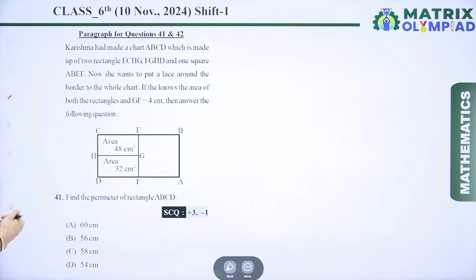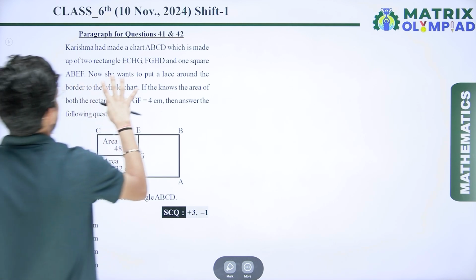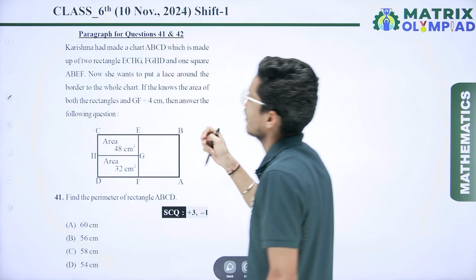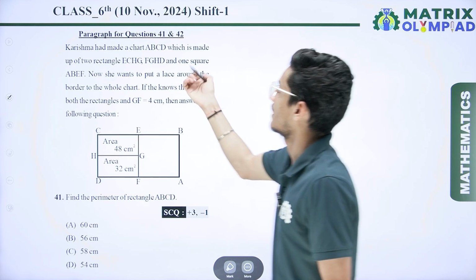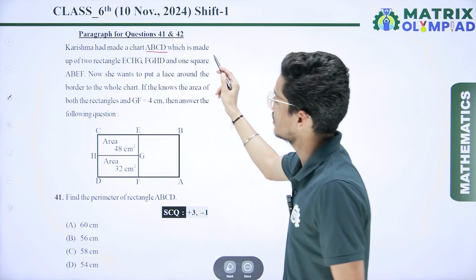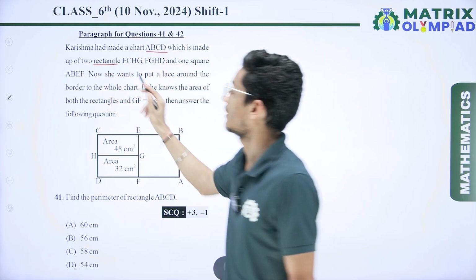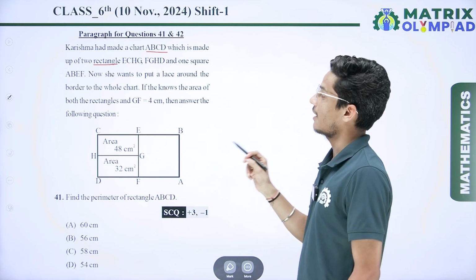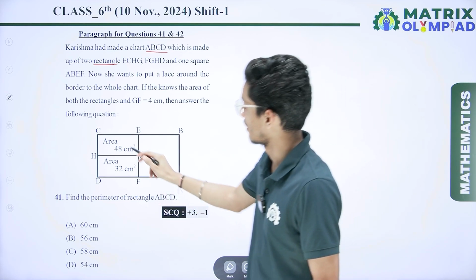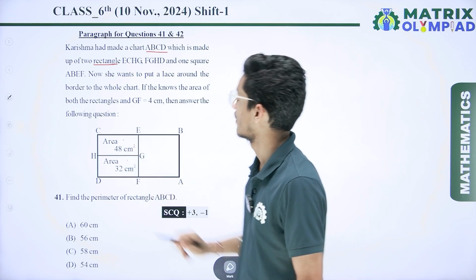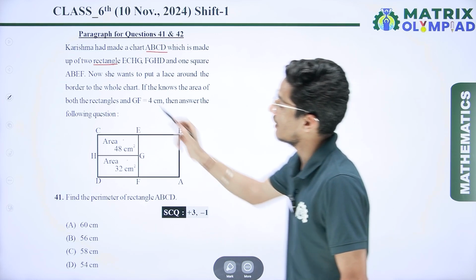So now if I talk about the next question, which is based on a paragraph, here we have been given a paragraph: Karisma had made a chart ABCD which is made up of 2 rectangles ECHG and FGHD, and 1 square ABEF.